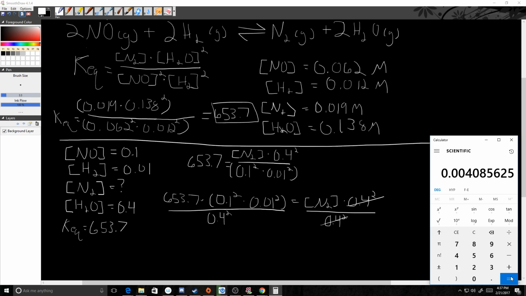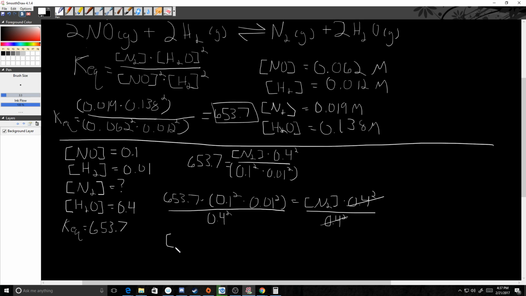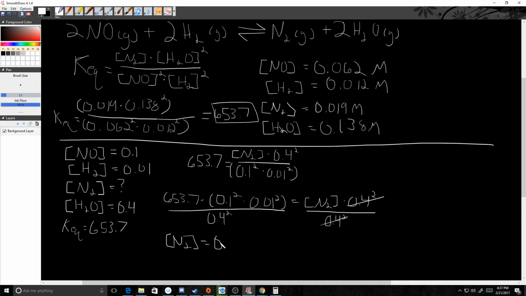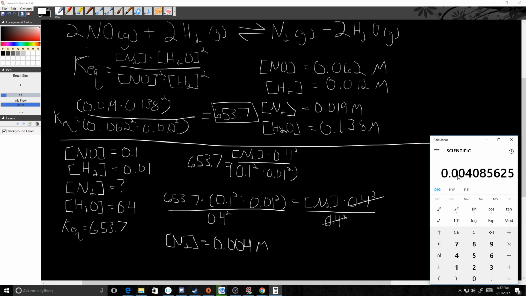Plug that all in, and we should end up with a concentration of N2 of 0.004. Sounds good to me. And that'll be molar. Double check out the right number. 0.004. Yep, that'll do it.